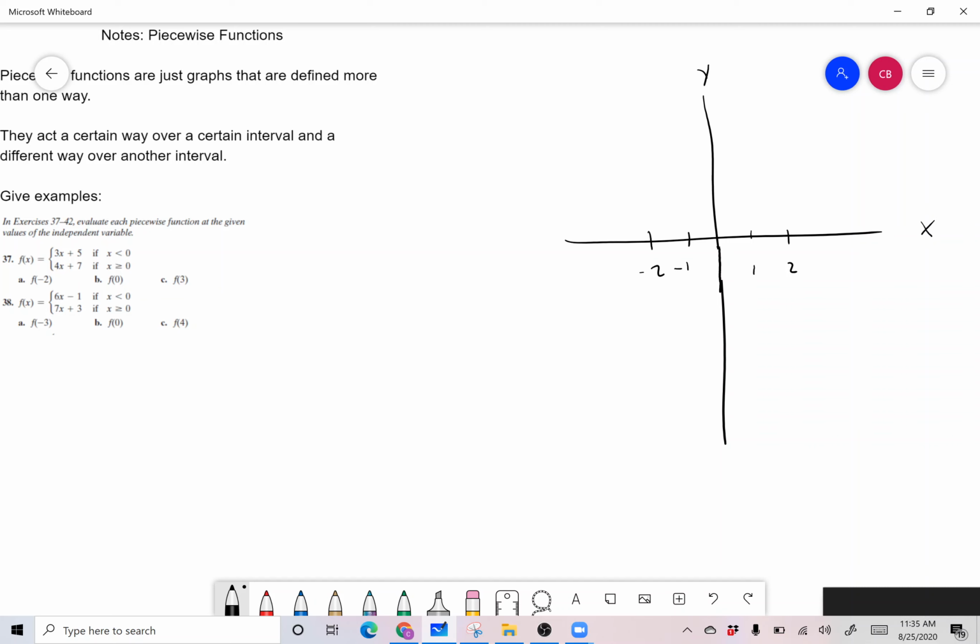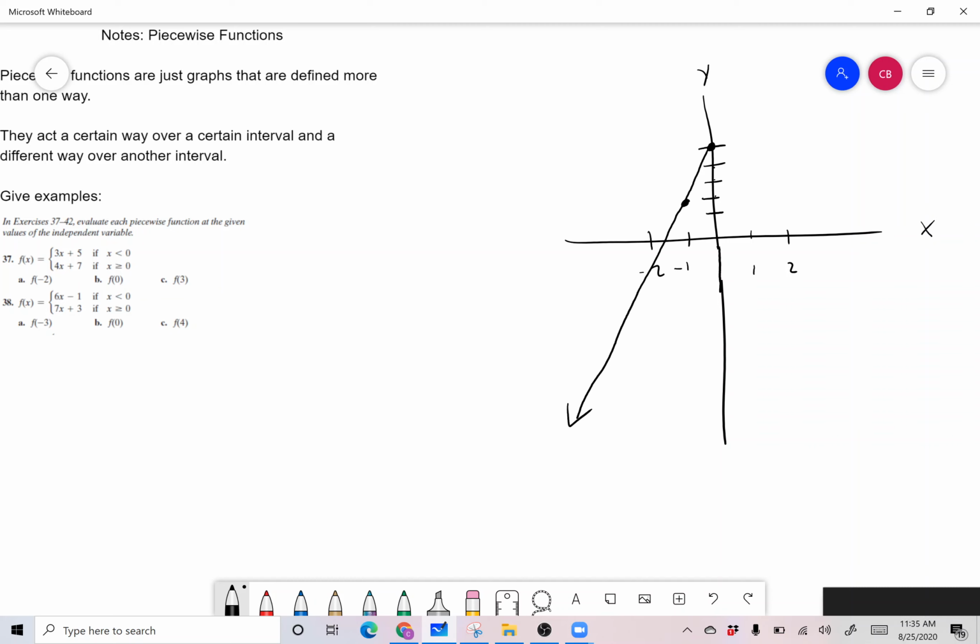Anything to the left of that is going to be the graph of the line 3x plus 5. So 3x plus 5 would end here. We're going to go down 3, 1, 2, 3, left 1. And we have a line going something like this.